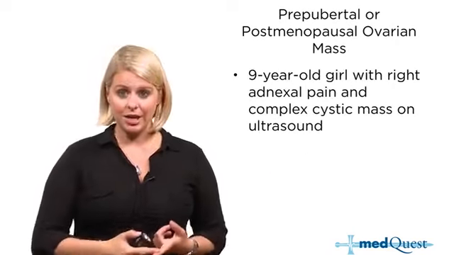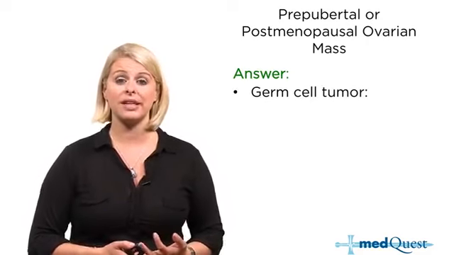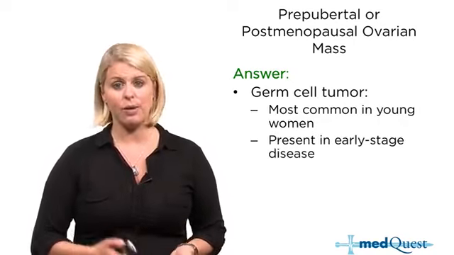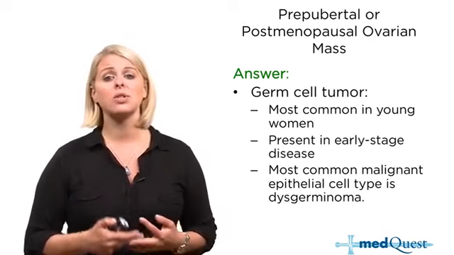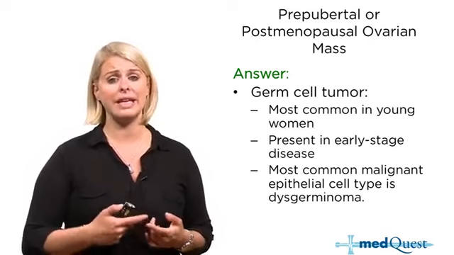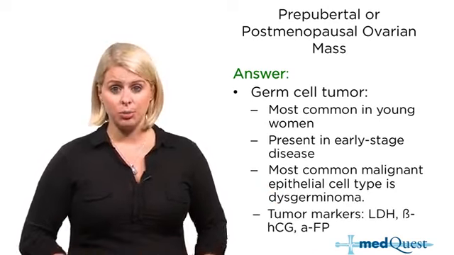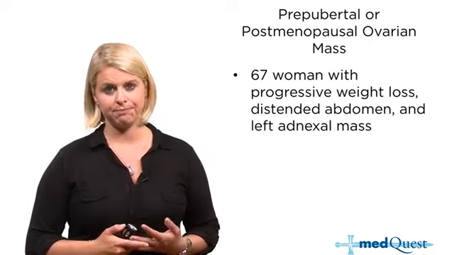So, 9-year-old girl, right adnexal pain, complex cysts on ultrasound is most likely going to be a germ cell tumor. Why? Because it happens commonly in young women. It presents in the early stages, and the most common malignant type is dysgerminoma. What are your tumor markers? They're going to be LDH, beta-HCG, and alpha-fetoprotein.